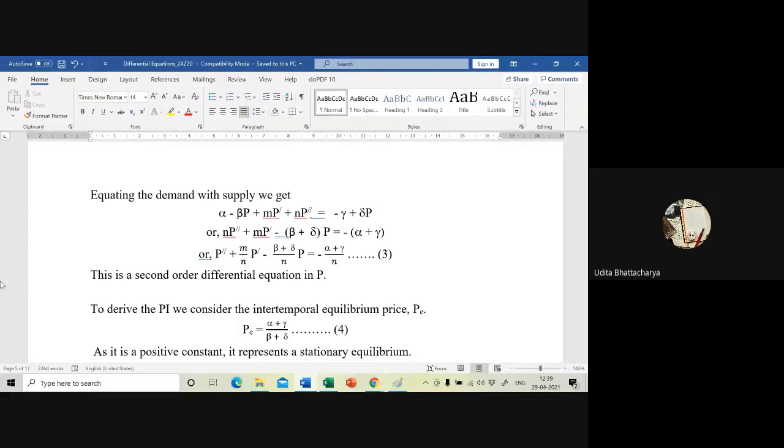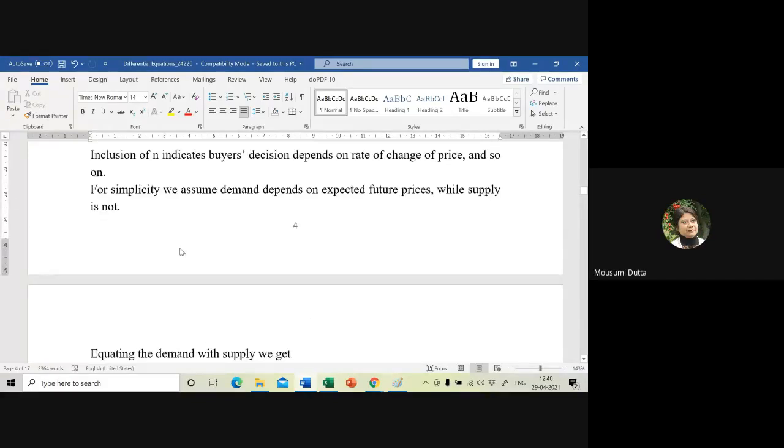Ma'am, for U and V, we consider two other parameters, so won't we be writing that when we are equating demand with supply? I think I already mentioned, to keep the model simple, I am considering that suppliers do not consider the expected future prices at this moment.